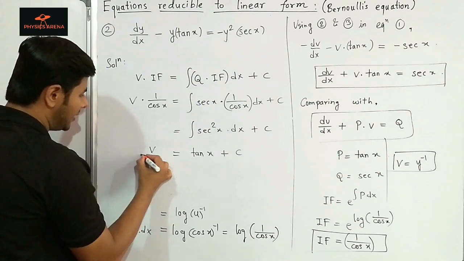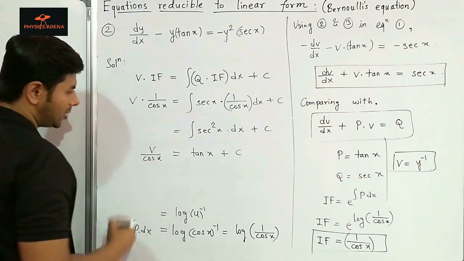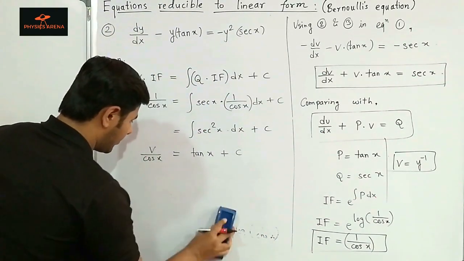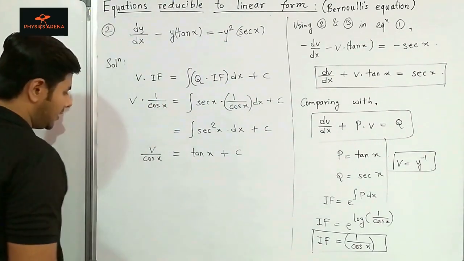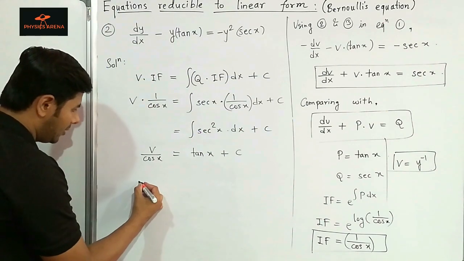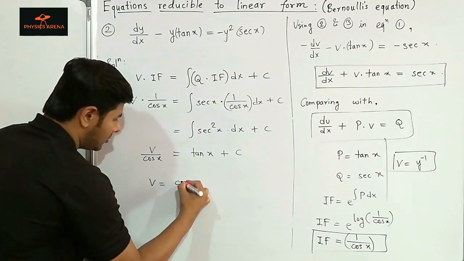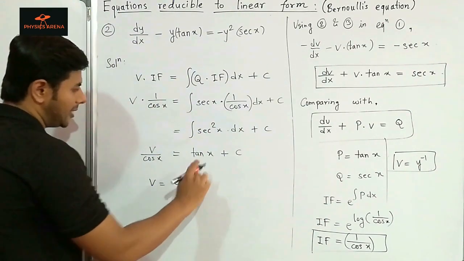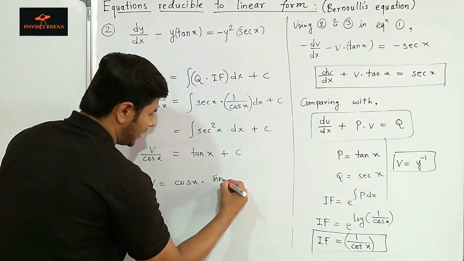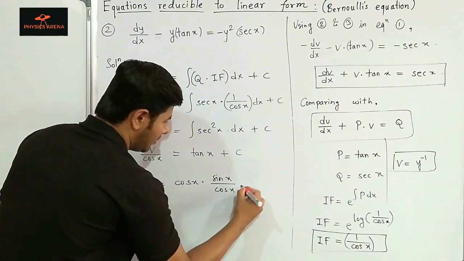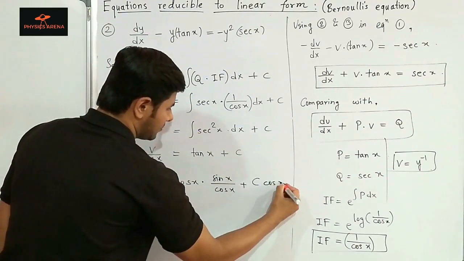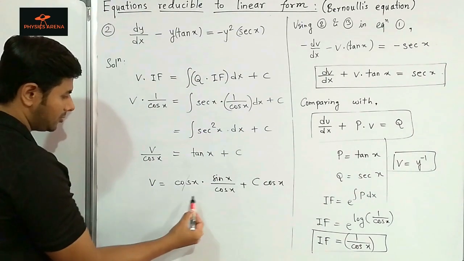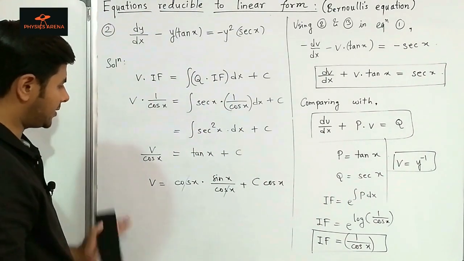So this is v divided by cos x. We can multiply throughout by cosine x to get v equals to cosine x multiplied by tan x, and tan x is sin x over cosine x, plus c multiplied by cosine x. So this cosine x and cosine x gets cancelled out.